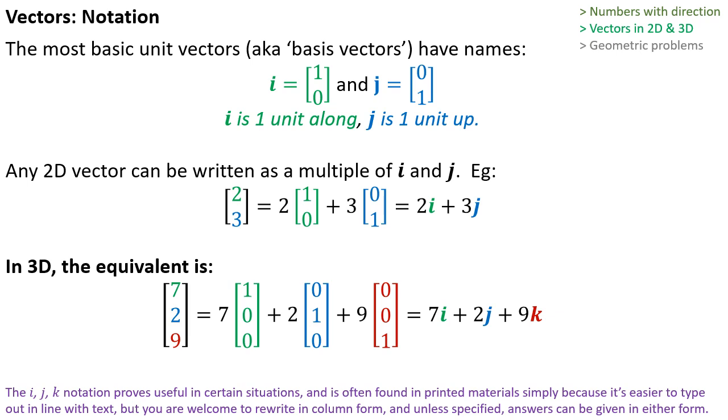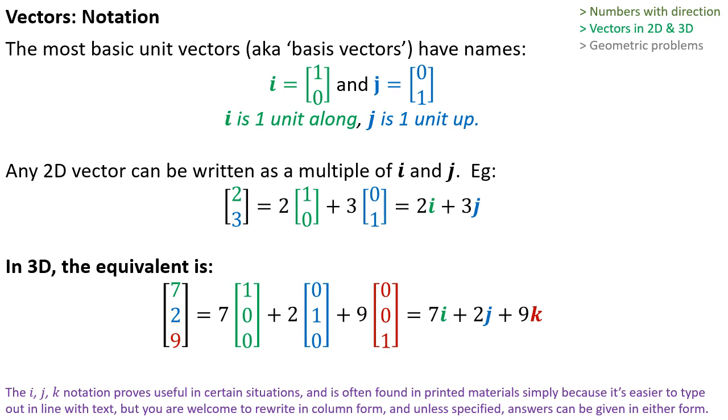Now, this is useful in certain situations. It's particularly beneficial when we're developing an algebra of vectors, which you'll get onto more in your next year when you do further maths, for instance, if you do. And it can be helpful for textbooks, for instance, to write out a vector without using complicated column notation getting in the way of the text that you're writing out.